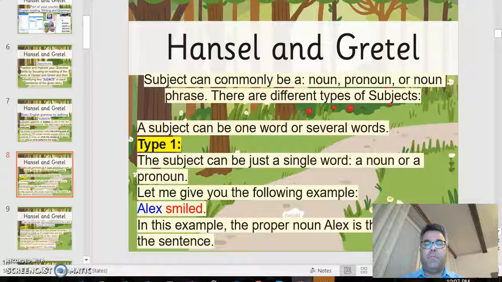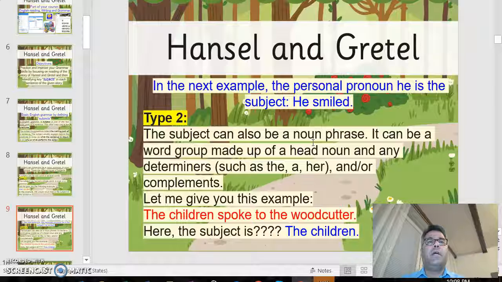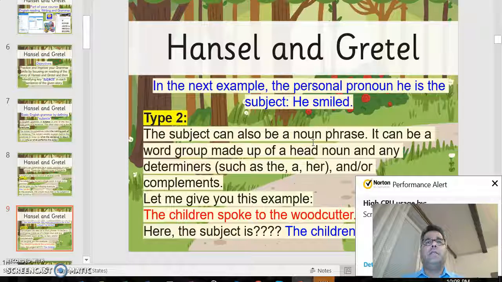In this example, the proper noun Alex is the subject of the sentence. Exactly. And let's go to the second page. So in the next example, the personal pronoun he is the subject. The example says, he smiled. He is the subject.